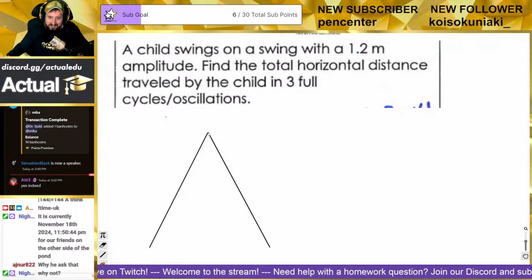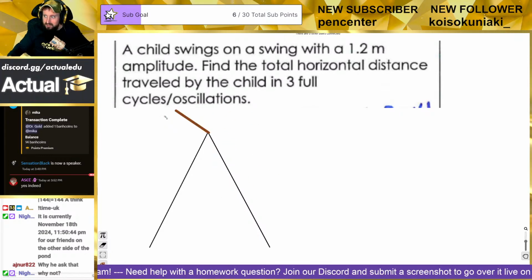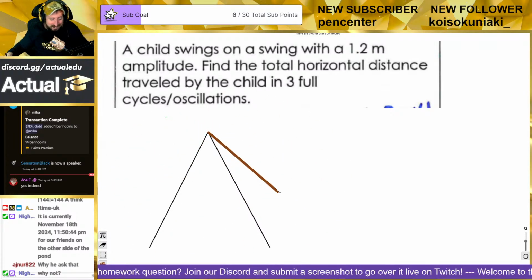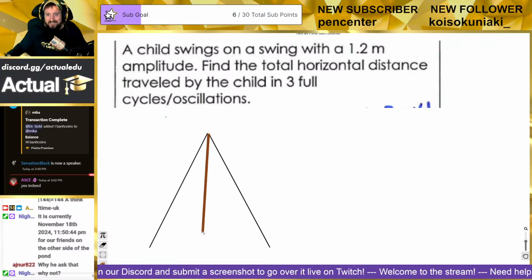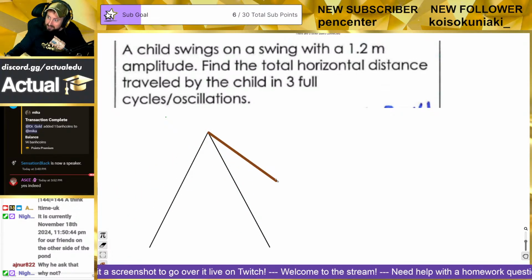Okay, man, Jesus. Yeah, because if we're talking about full oscillations, that means that they're doing this. Which, I don't know, that's not healthy for the child. Okay. I assume they're talking about this, this being 1.2 meters in amplitude.